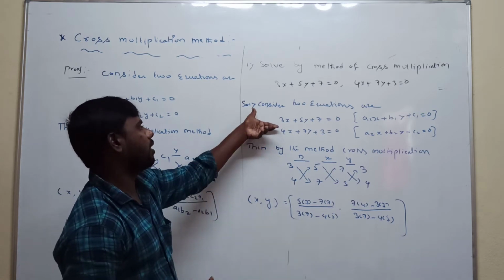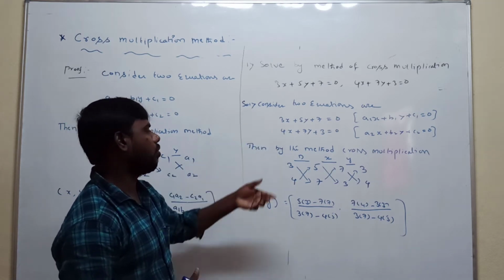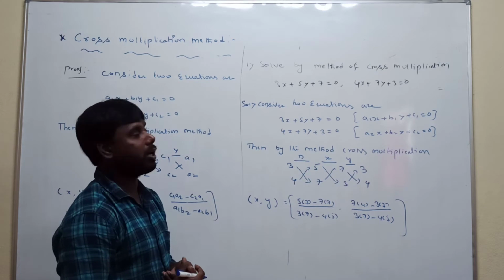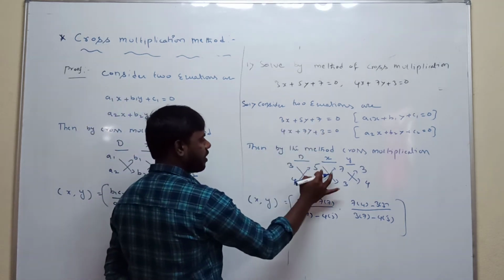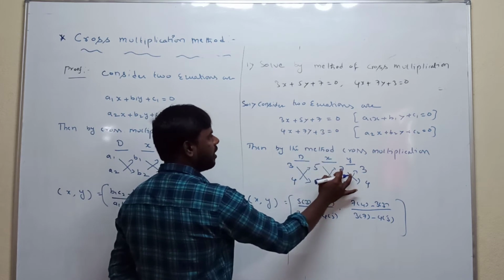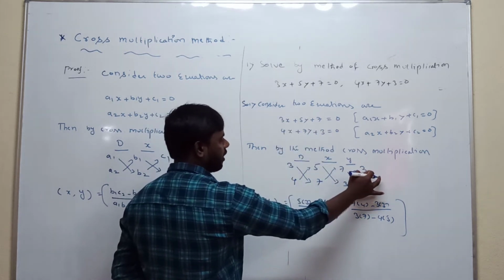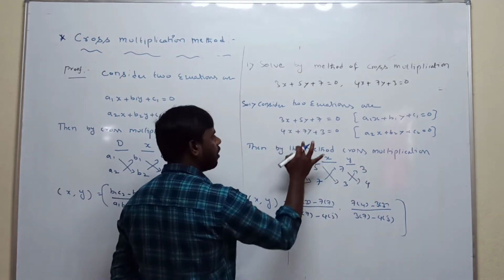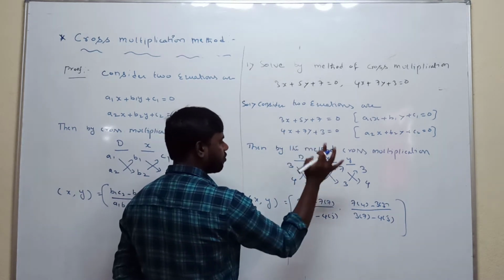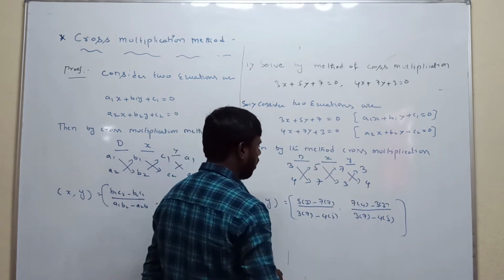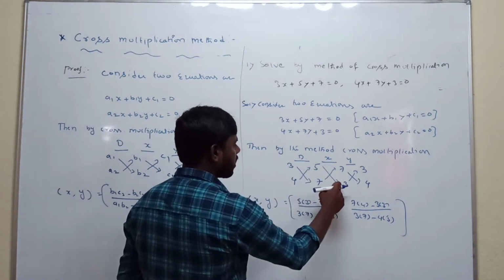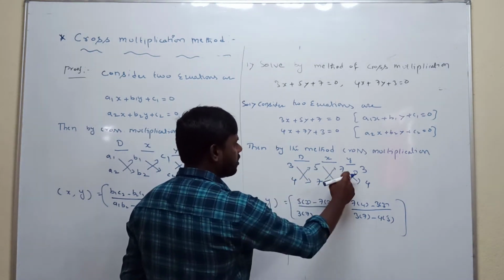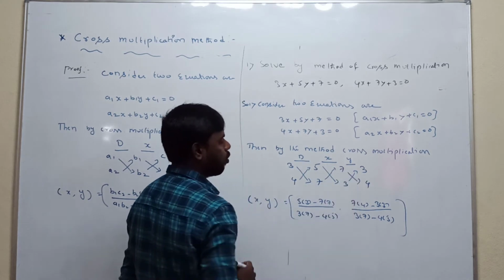So, what are the given equations? You can write, consider the two equations are. Next, now applying the method of cross multiplication, first you can write x coefficient value is 3, y coefficient value is 5, constant coefficient is 7. Next, x coefficient, write it again. Second equation, x coefficient 4, y coefficient 7, constant coefficient 3, and again write it. Now, this cross multiplication you can take as denominator value, this cross multiplication we can take as x numerator, this cross multiplication we can take as y numerator.